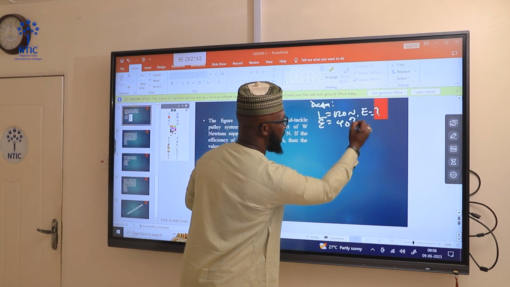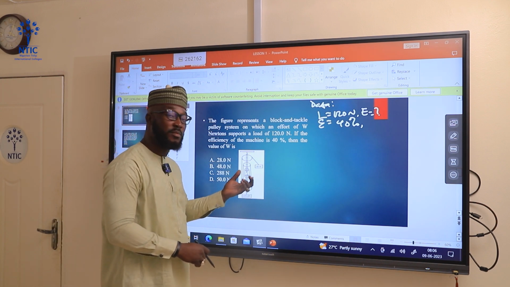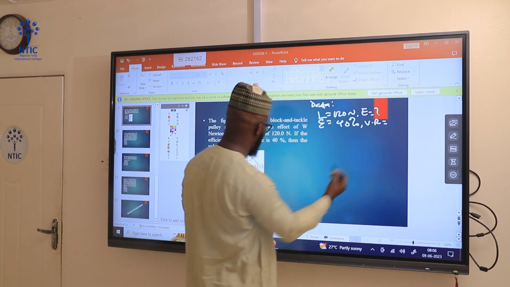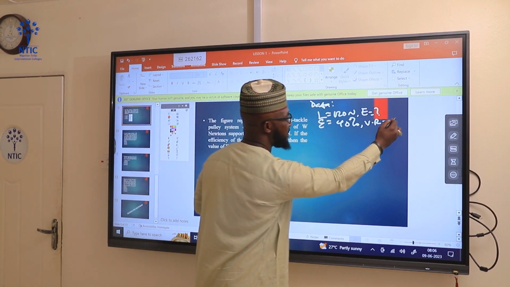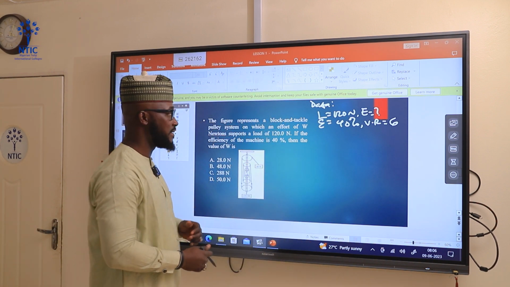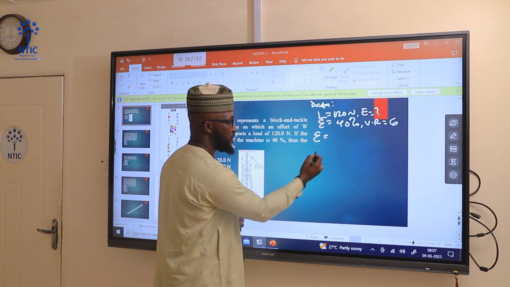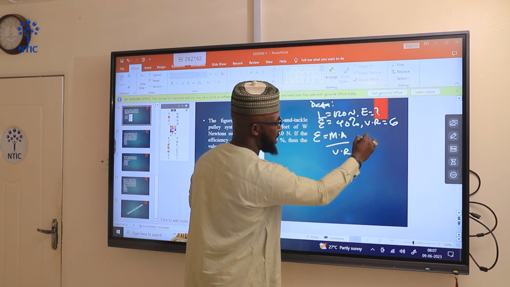So, like I mentioned earlier, in order to get the velocity ratio, all we need to do is count the number of pulleys. So here, our velocity ratio is simply 1, 2, 3, 4, 5, 6, which is 6. Okay, we have 6 pulleys, so our velocity ratio is 6. Now, let's go back. What equation do we need? Efficiency equals mechanical advantage all over velocity ratio times 100.